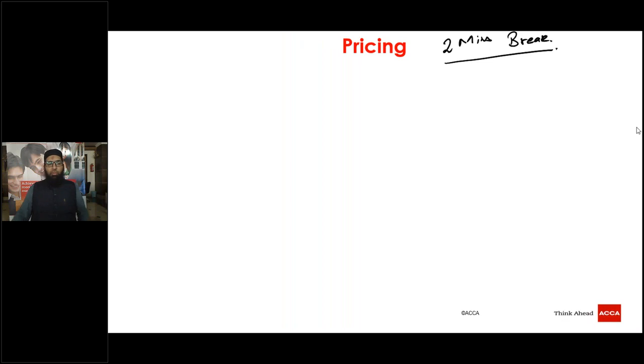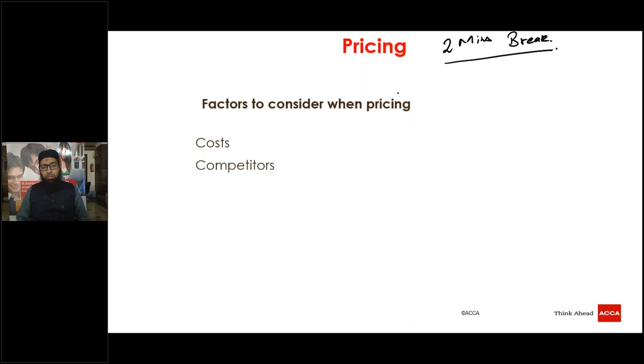Now let's continue after the break, and let's discuss the topic of pricing. What are the factors that the company should consider when setting a price? It will be cost. The company should see what is the cost of its product, how its competitors are reacting, then what the corporate objectives of the company are.